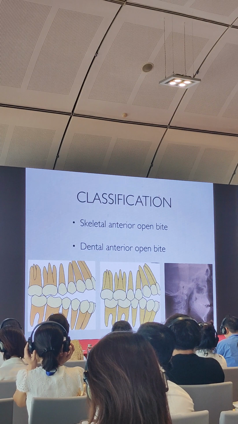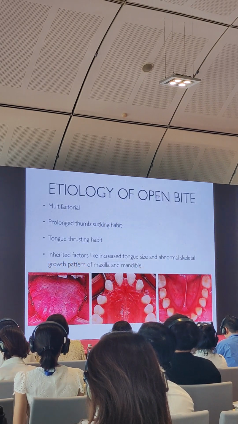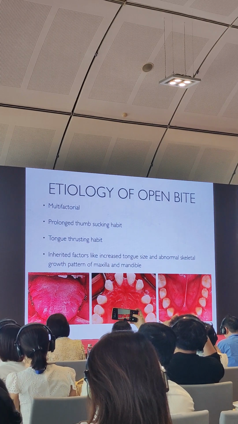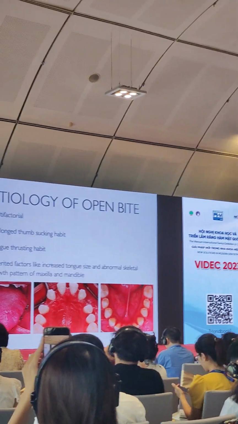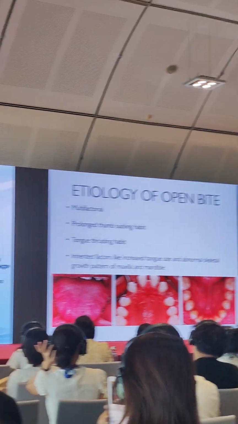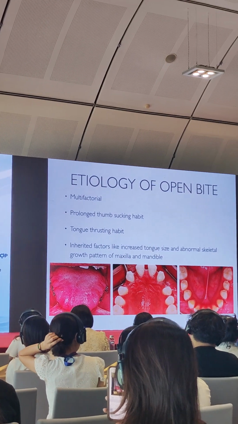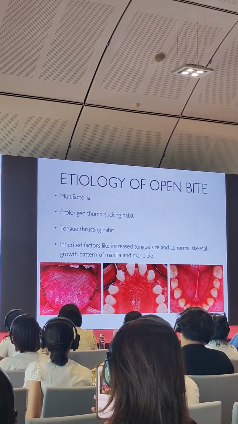So we have many ways of treating open bite, depending on the cause of the open bite. It can be due to a habit, then you have to give a habit-breaking appliance for that particular patient. Or if it is due to other factors, then you have to consider that.